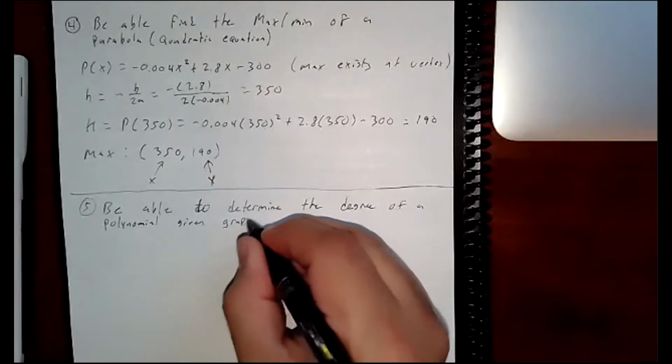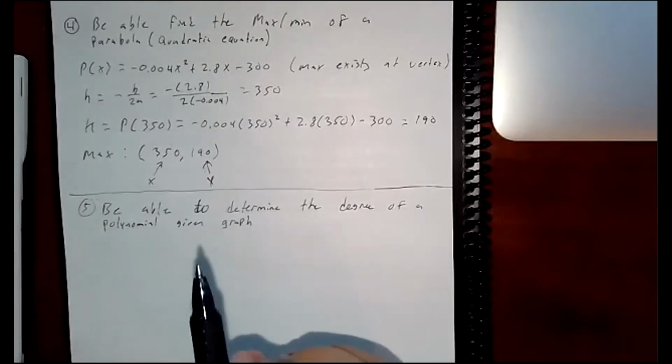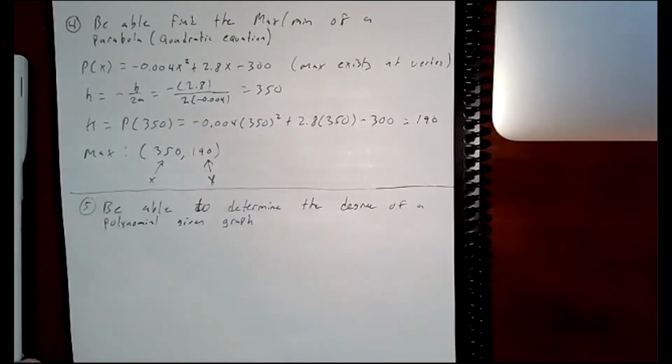Remember how we said depending on the shape of the graph, it'll be odd or even, and depending on how many times it touches the x-axis, it'll give you different hints. So you'll look at the picture and determine what degree it is. We did a few of those in our notes.